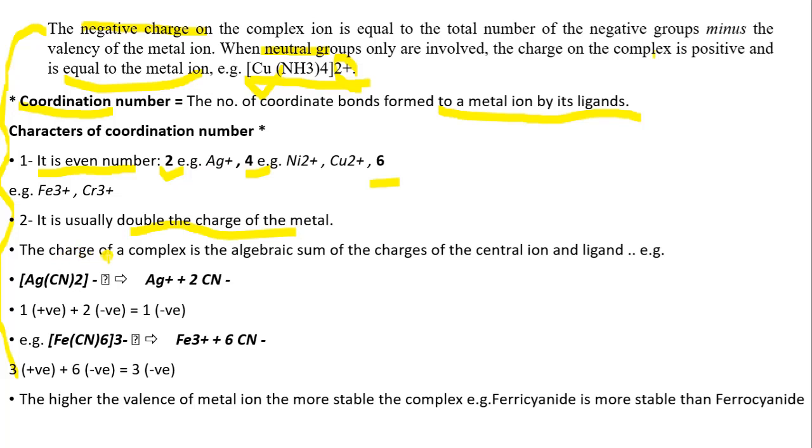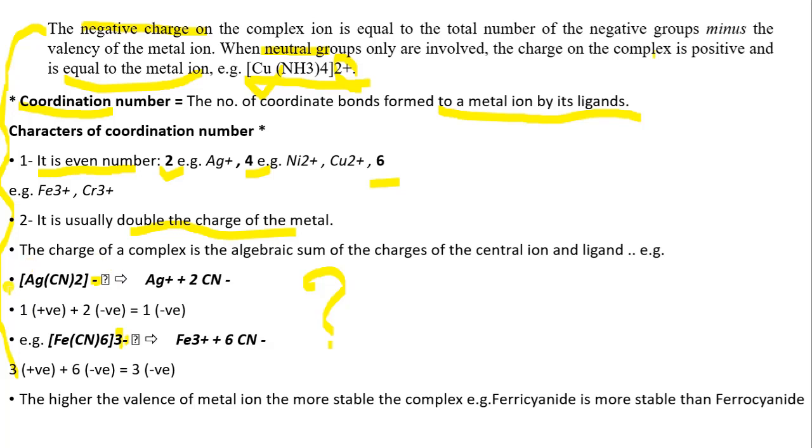The charges of a complex, means how we can identify the charges of a compound. For example, why there is a negative charge over here and why there is a negative charge over here. So we have to see this one.